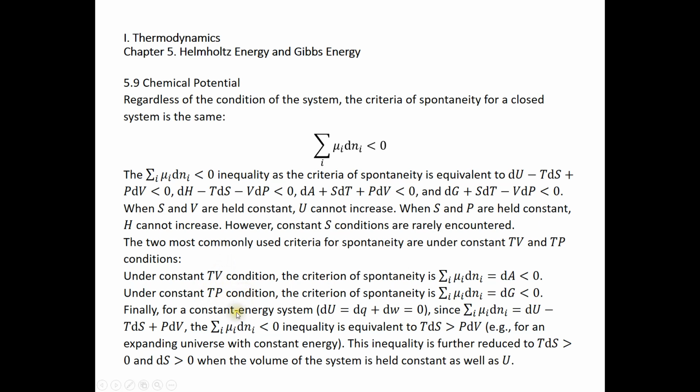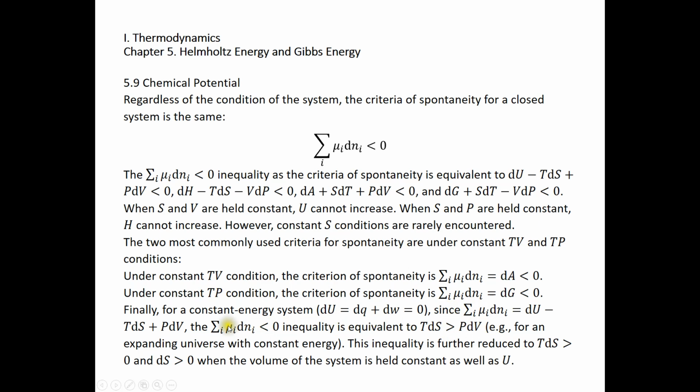Finally, for a constant energy system, that means dU is 0, that means dq plus dw is 0. And because the sum of mu_i dN_i is dU minus TdS plus PdV, we learn this must be negative. dU is 0, and therefore TdS must be greater than PdV.